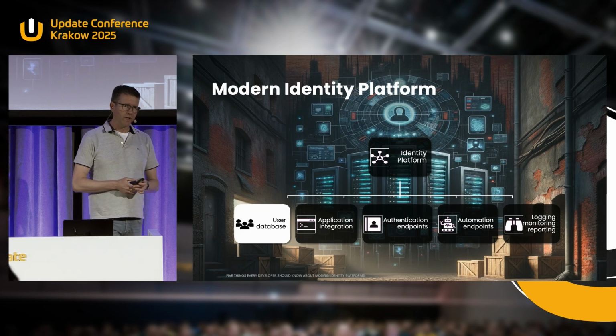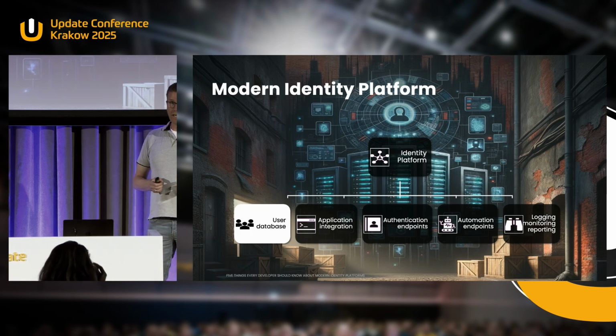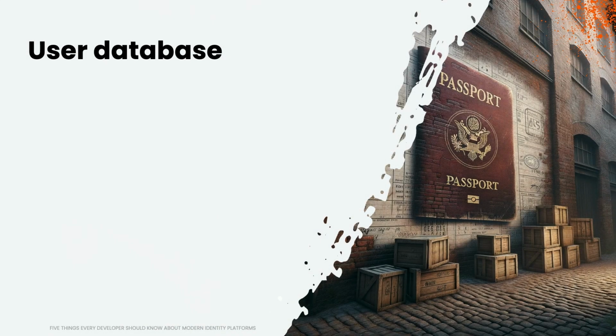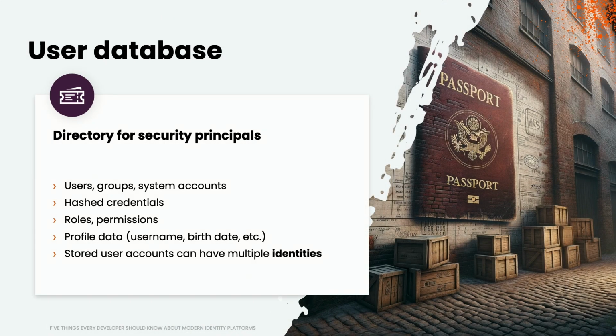Right, so a modern IDP has a place to store your user accounts and passwords. Aside from having user accounts in there, it's not uncommon for an IDP to also support groups of users and system accounts as well.